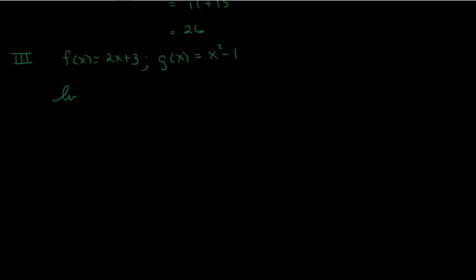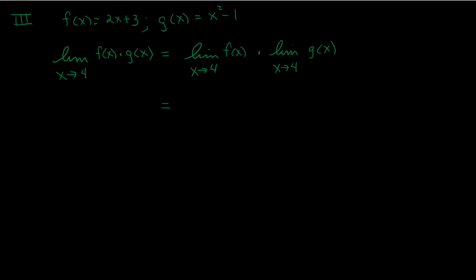If we do the limit as x approaches 4 of f of x times g of x, this can be evaluated by actually doing each limit separately, and then multiply the result from each of the two limits together, and it'll give you the resulting value. So in this case, this could be solved or evaluated by first doing the limit of f of x.